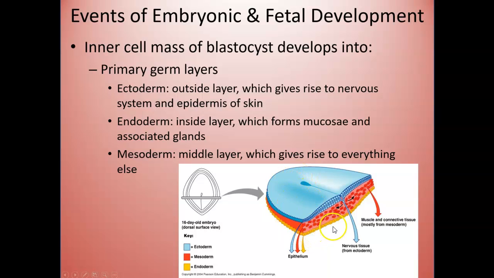The endoderm, in yellow down here, is going to give rise to the inside layer, which forms the mucosa and associated glands, so the inside of your digestive tract. And the mesoderm, which is everything in here, will form that middle layer, which gives rise to everything else, so muscles and connective tissue, and so on. Everything comes out of that.